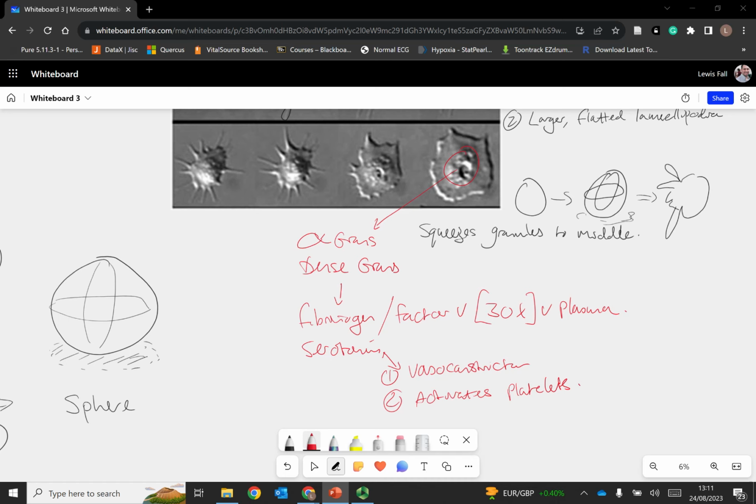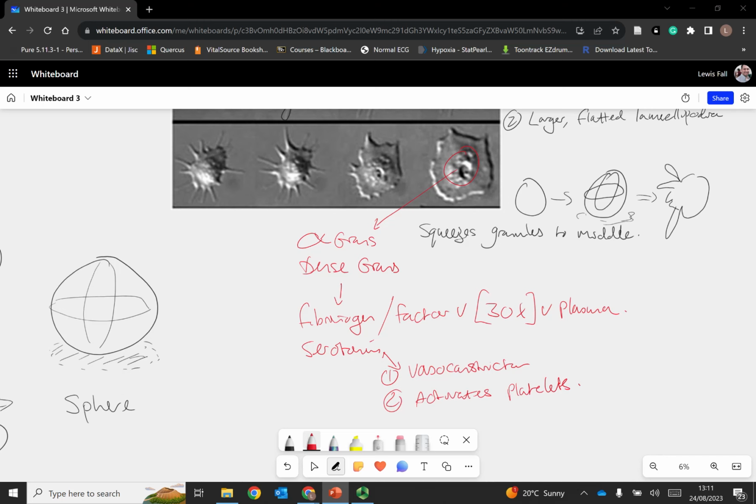The other thing that's going to happen is that the platelets along their outside are going to start to reorganize all of their platelet glycoproteins as well.